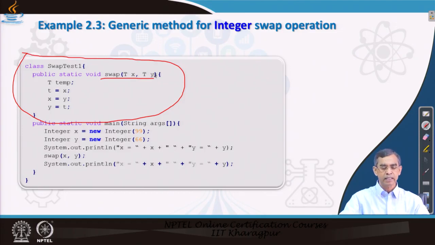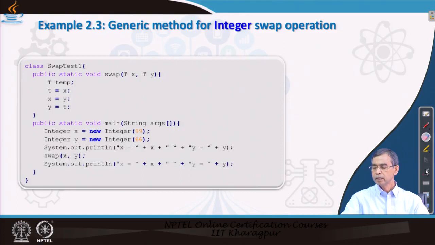And here you can see the swap method with two parameters instead of the single parameter that we discussed in the last example, x and y, both of the same type T. If x is one type and y is another type, then you could write T and U or whatever. So, that is the concept that you have to think about. So this is the idea about the swap.